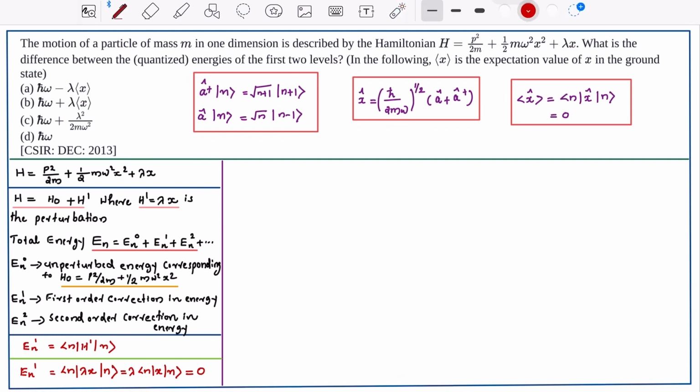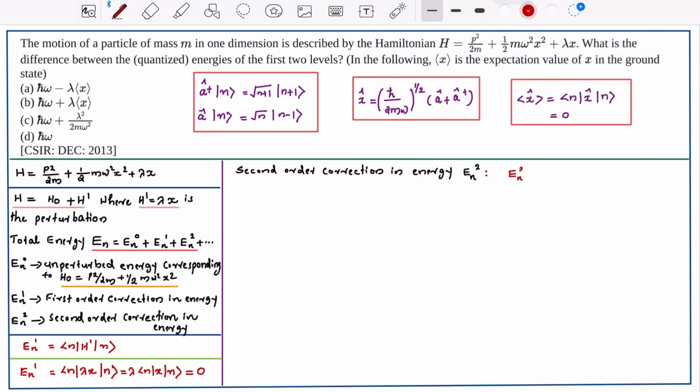Now let us find out the second order correction in energy. How do you find out the second order correction in energy in the case of harmonic oscillator? We represent it as En2. It is a second order correction in energy due to the perturbation.